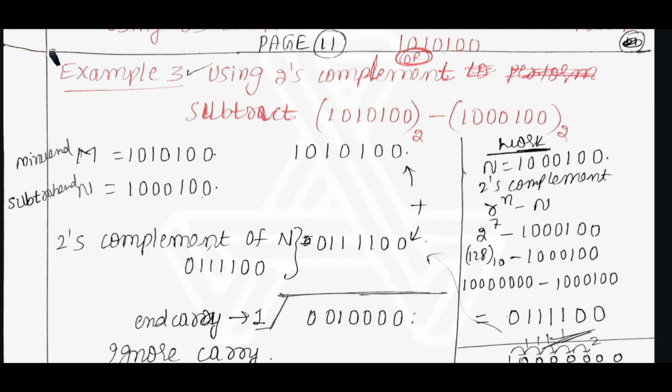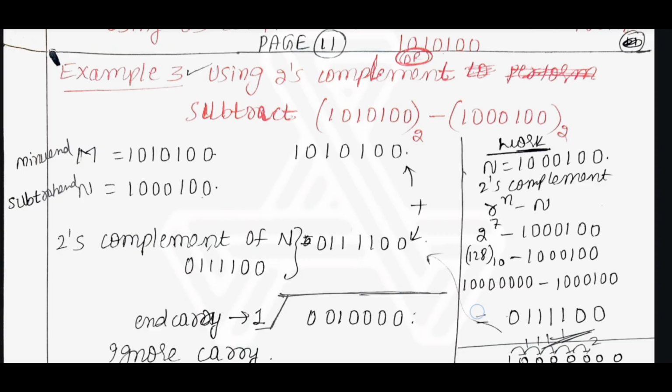Next, for the 2's complement we need to add the minuend. If we add this, 1 0 1 0 1 0 0, taking the binary as the base number, 1 0 1 0 1 0 0 plus 0 1 1 1 1 0 0, we will be getting 1 0 0 1 followed by four 0s.